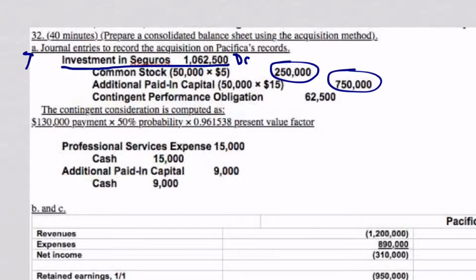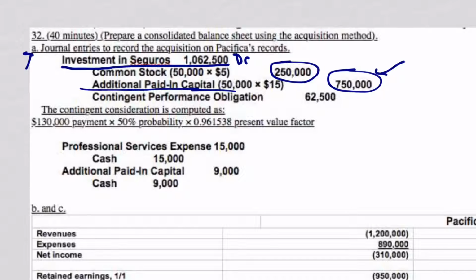That's all you do. It's just simple mathematics. How much is the par value? That's what goes there. We don't care what the fair value is, because the difference above the par value of the common stock goes to additional paid-in capital. Bing, bang, done. The balance goes there.